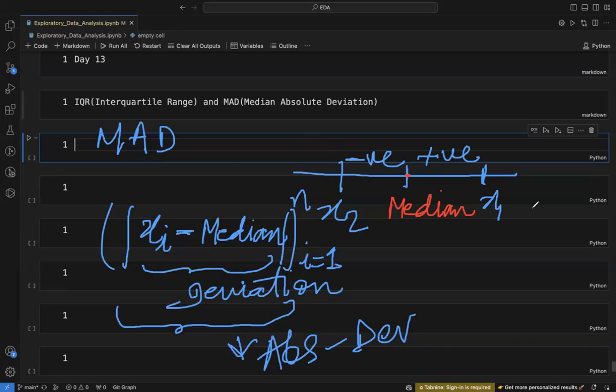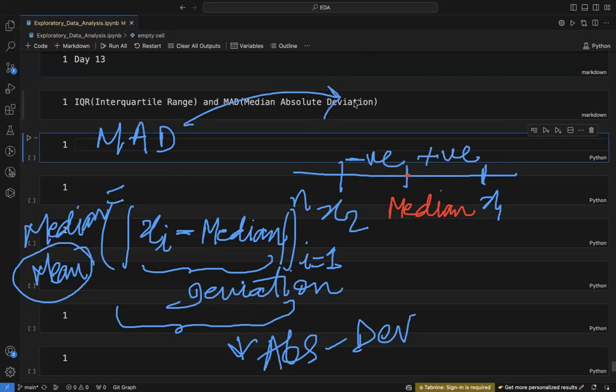Now you might ask, why are we computing the median here? Why not the mean? I could have also computed the mean, but I know that if one point is very far away, my mean can get corrupted very easily. So median absolute deviation is intuitively doing exactly what standard deviation was doing.